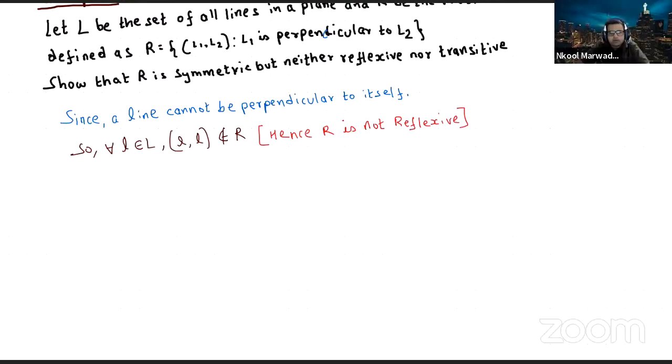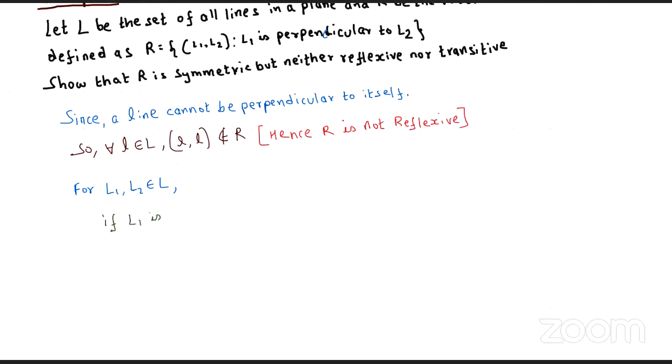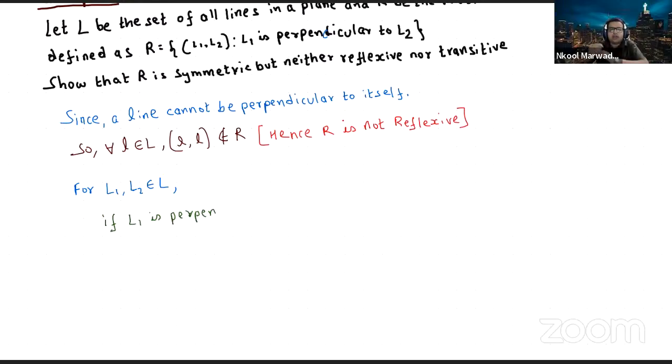First I have to write mathematically: for L1 comma L2 belonging to set L, if L1 is perpendicular to L2, then definitely L2 will be perpendicular to L1.